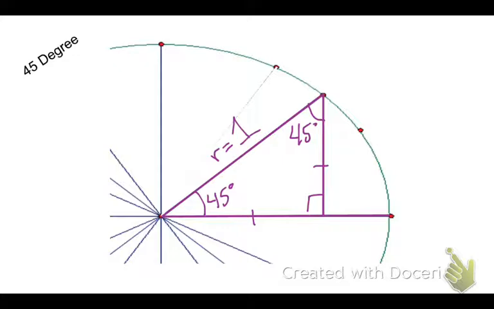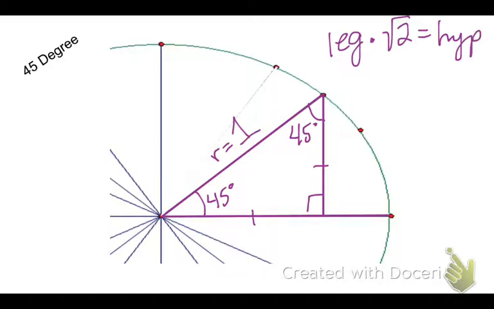Now, there are a couple different things we can do. We can use the Pythagorean theorem, of course. We can use our right triangle trig, or we can use the rule for 45-45-90 triangles. In order to find the hypotenuse of a 45-45-90, you take the leg and multiply it by the square root of 2.